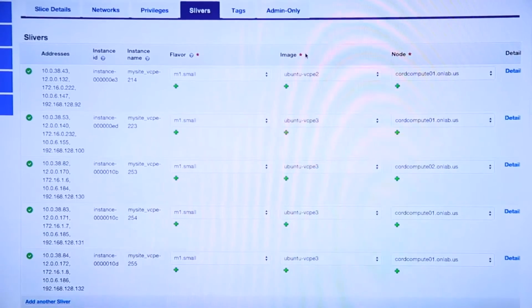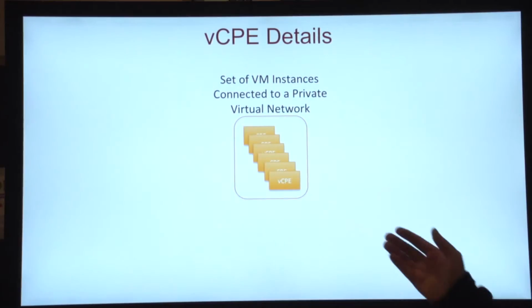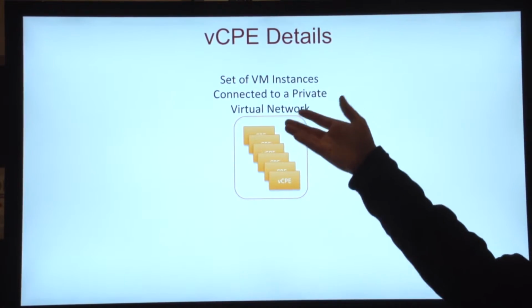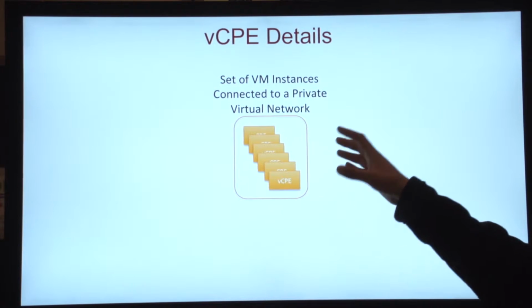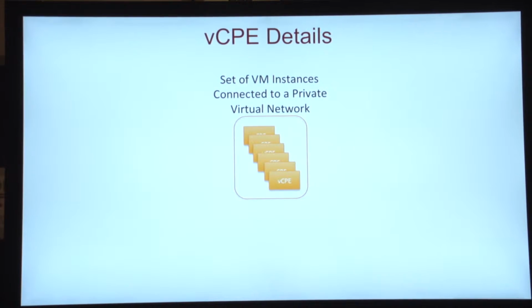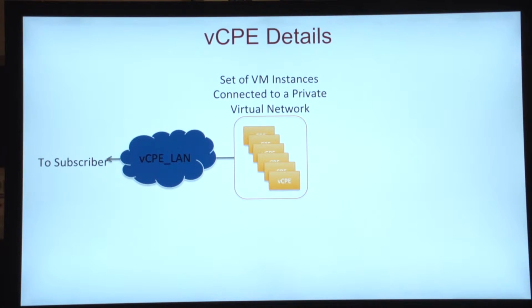So we have a set of virtual CPEs integrated by a private virtual network, and each of these VCPEs is connected to multiple other virtual networks. On one side, we have VCPE LAN, which connects the VCPE to the subscriber network. We have the VCPE WAN, which connects it to the internet.